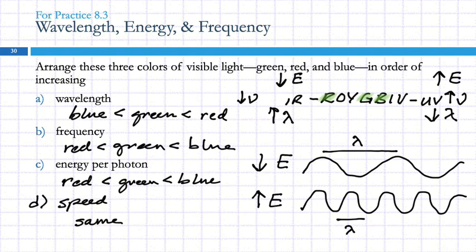And wavelength and frequency are opposite because the waves are all traveling at the same speed. So if these are traveling at the same speed, then this one is going to have waves pass a point more frequently than that one. So the frequency is larger, but the wavelength is shorter.